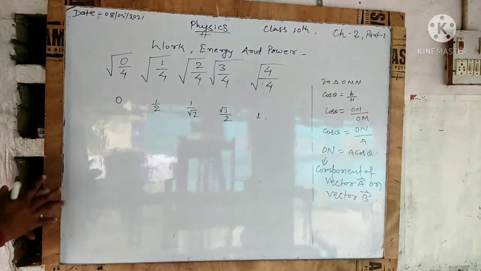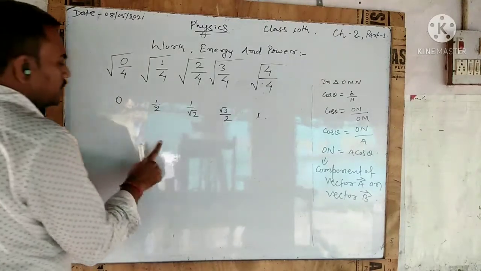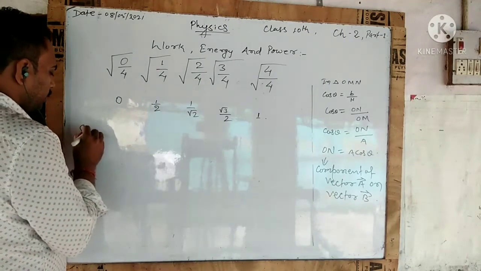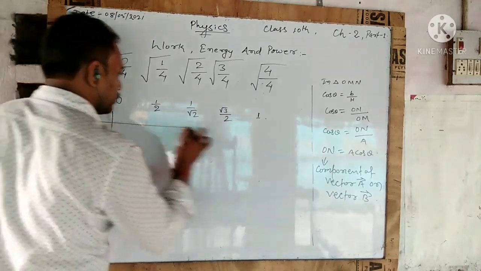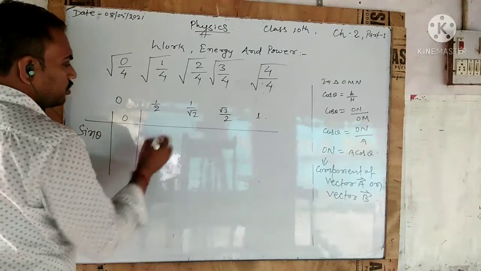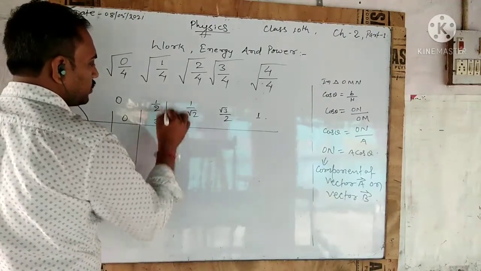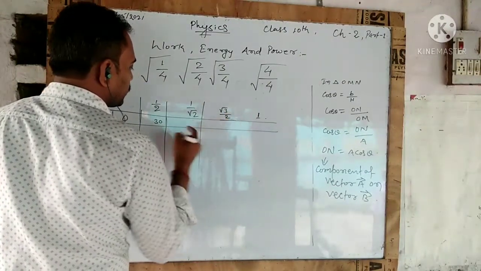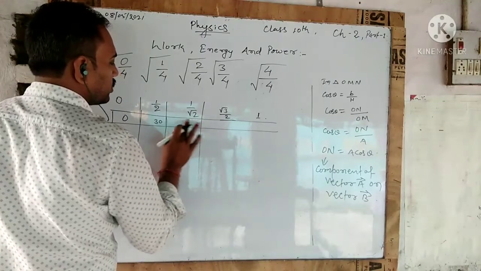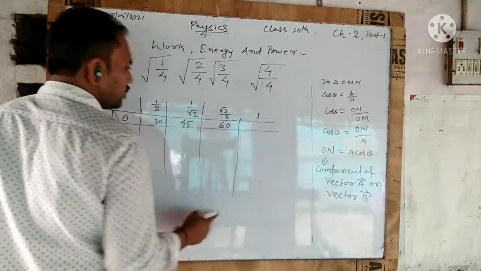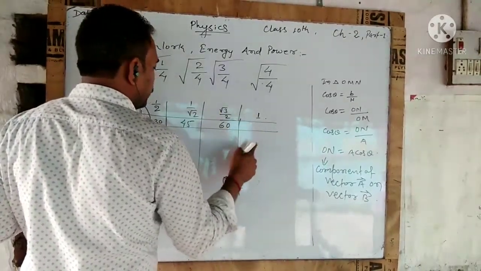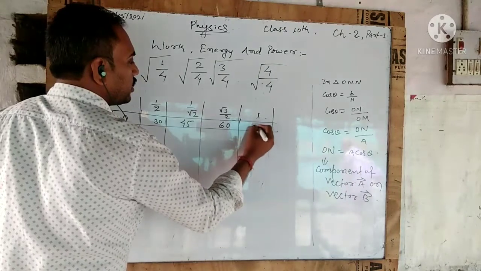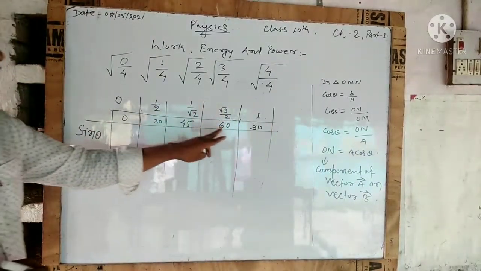Okay, now for your remembering, for the value of sin theta, let's say the angles are 0, 30, 45, 60, 90.